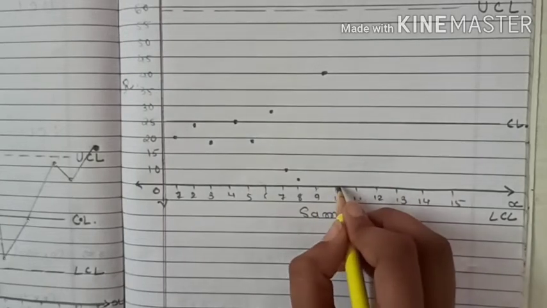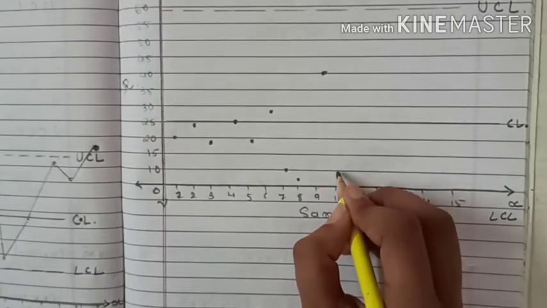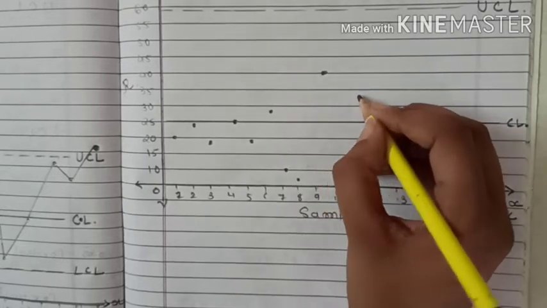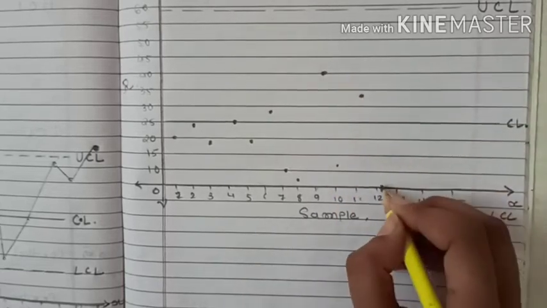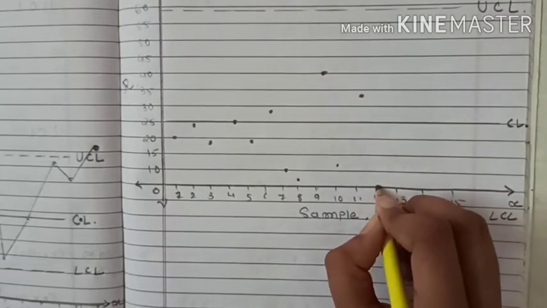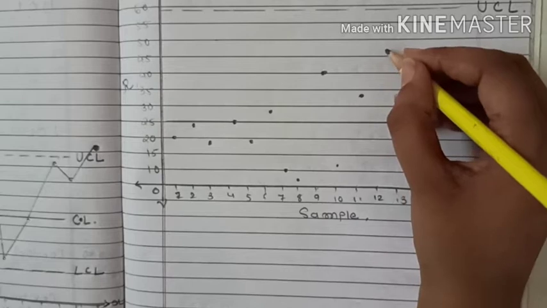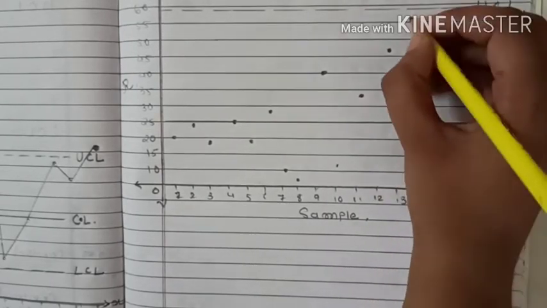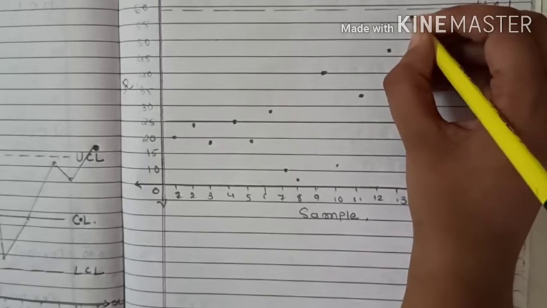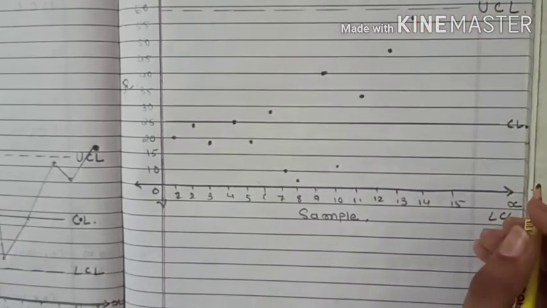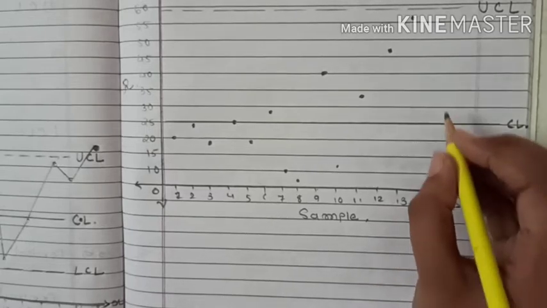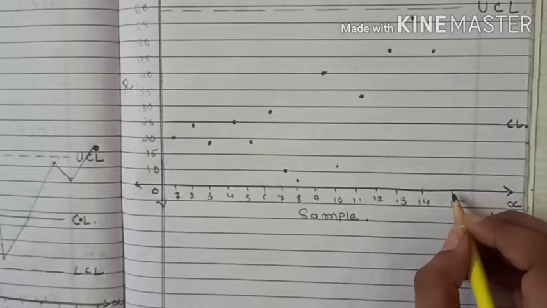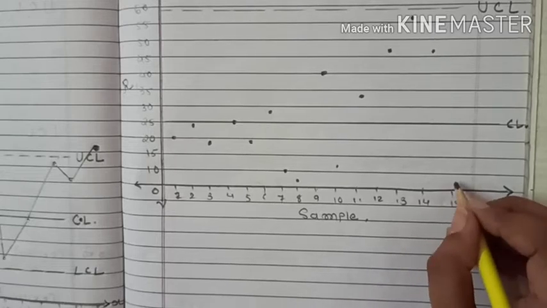Then for 10 it is 11. For 11 it is 33. For 12 47. So it will come here. Then 13 56. Then 14 48, and for 15 there is 5.